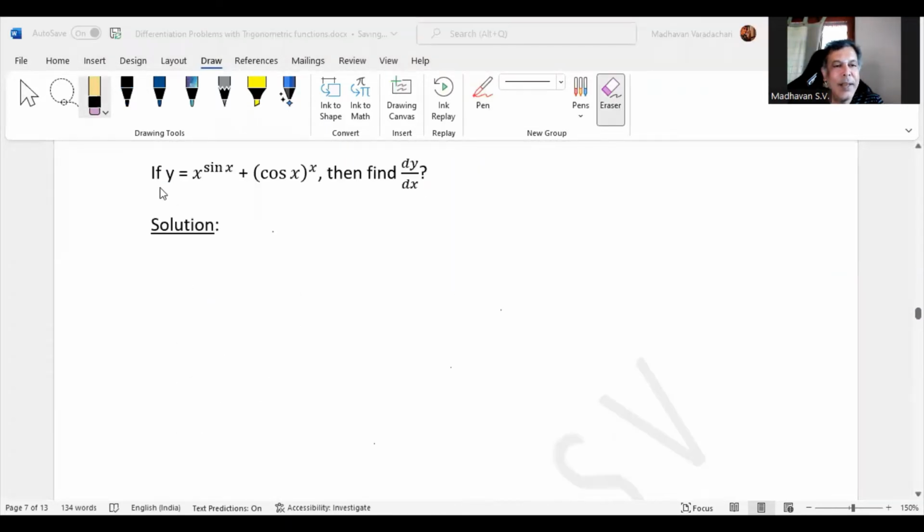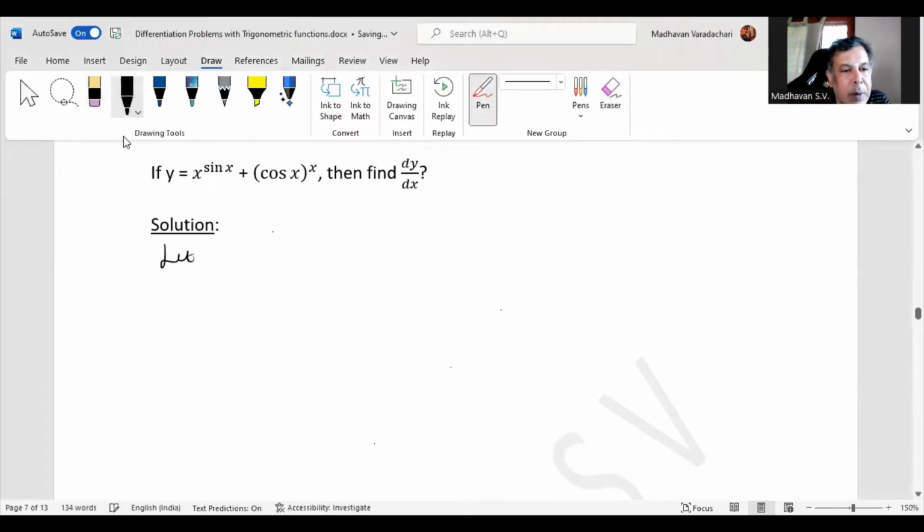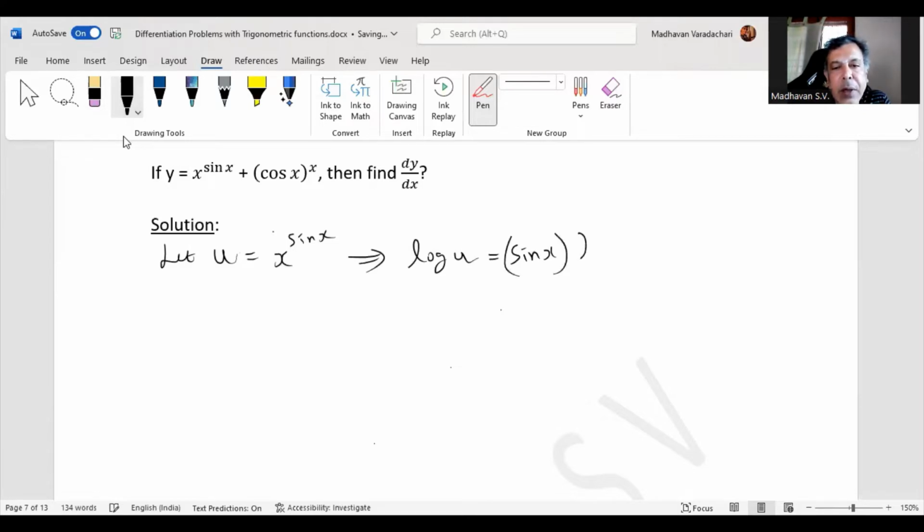If y is equal to x to the power of sin x plus cos x to the power of x, find dy by dx. So let u be equal to x to the power of sin x. Taking logarithm on both sides, we get log u is equal to sin x times log of x.